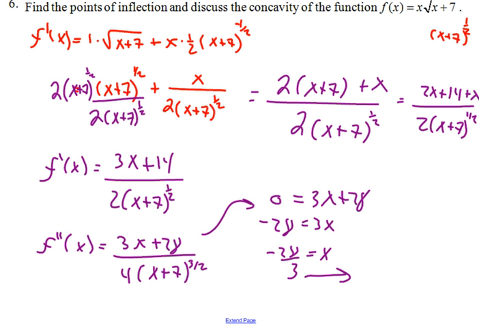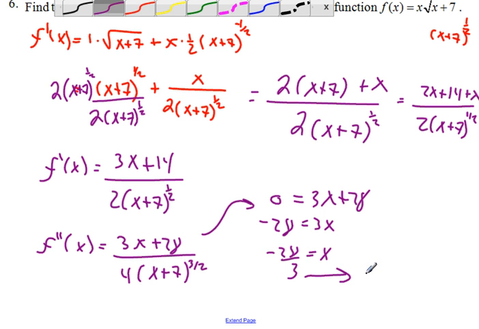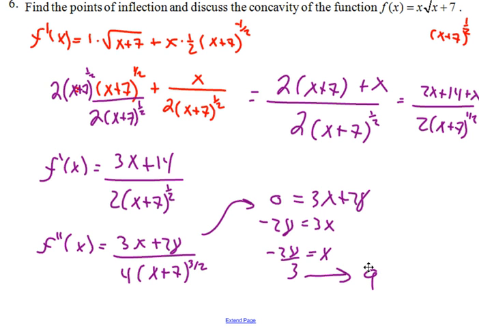Let's just simplify that so that we have a better idea of what's going on. 3 goes into 28 nine times, which is 27, with the remainder of 1, right?